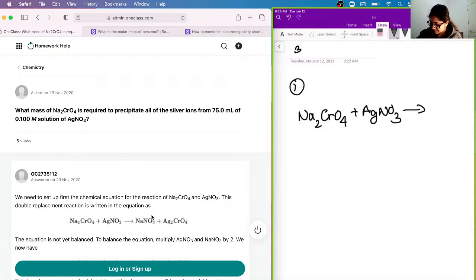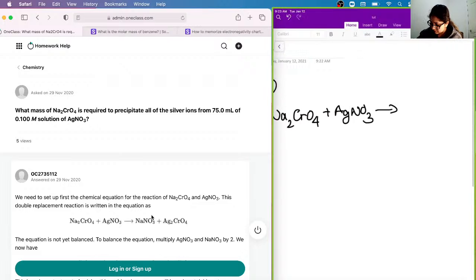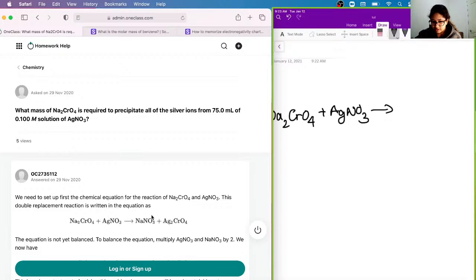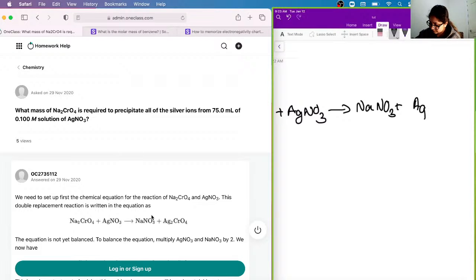This is a double displacement, so you would have NaNO3 plus Ag2CrO4.